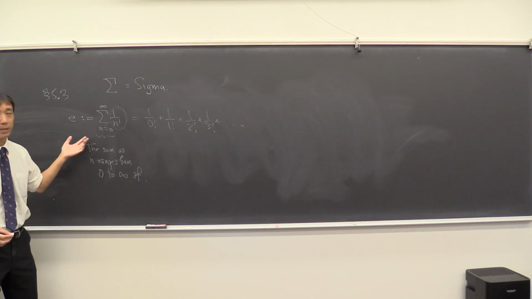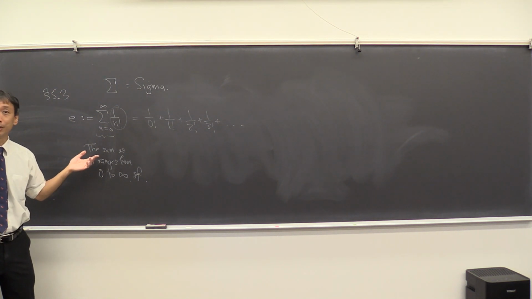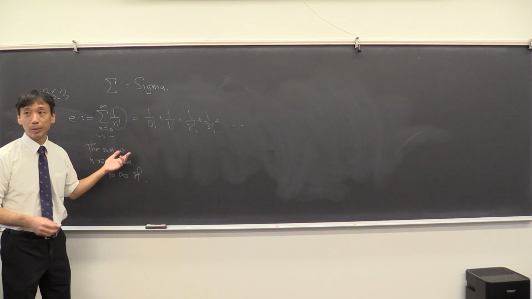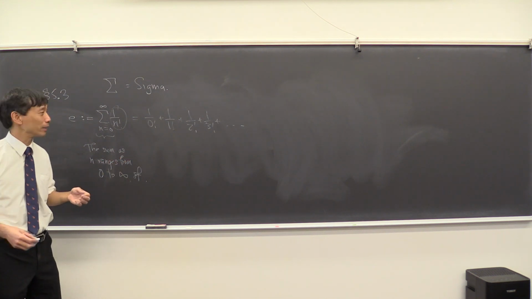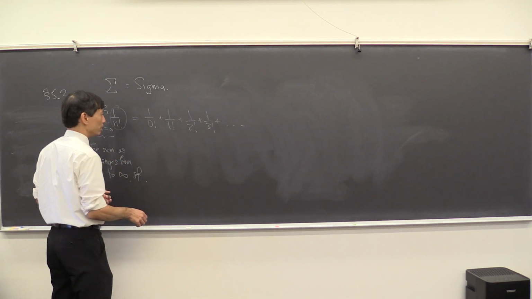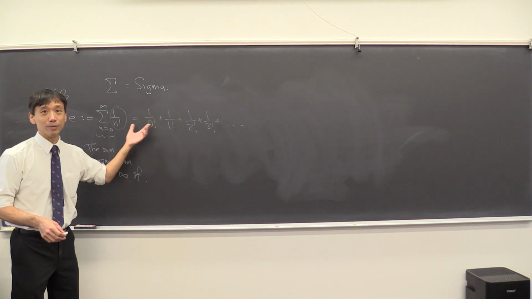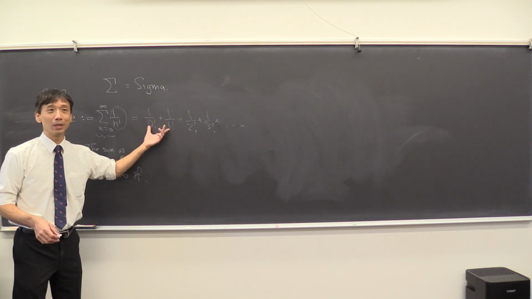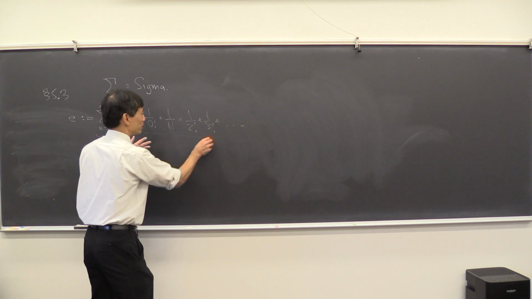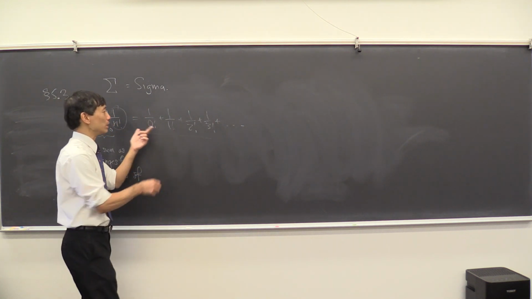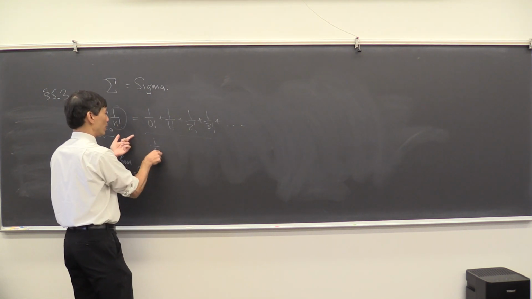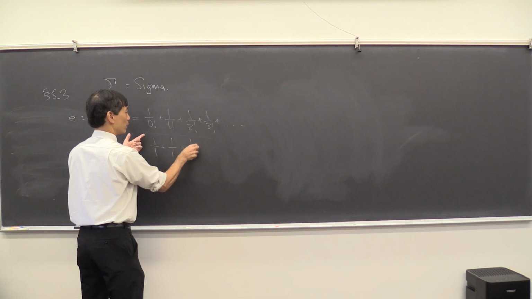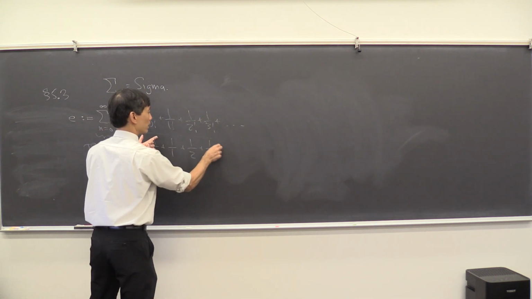What an infinite sum means at this point is not clear, but you'll learn about it in calculus 2, in fact. But you can kind of guess it's going to involve some sort of limiting process, right? You know what a finite sum is, right? You would be able to sum these first few terms. This is 1 over 1, plus 1 over 1, plus 1 over 2, plus 1 over 6, right?